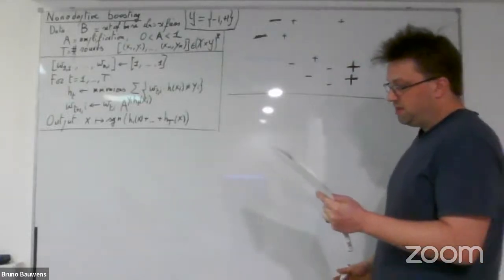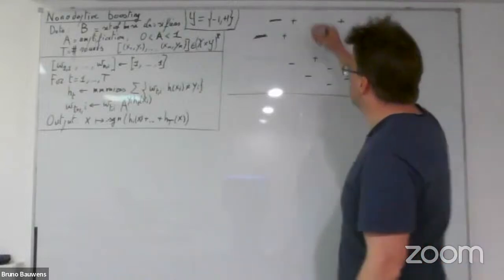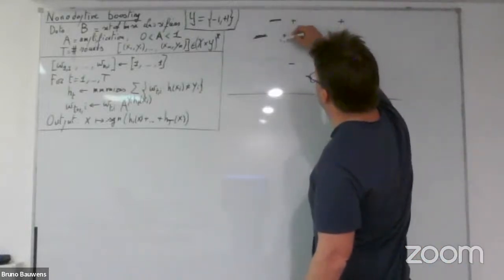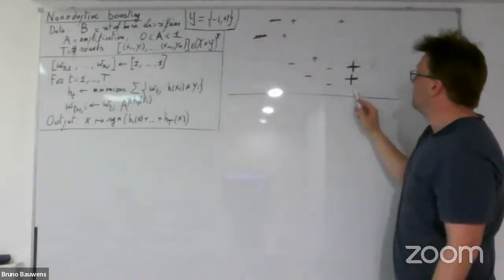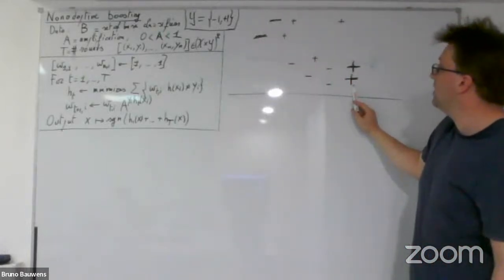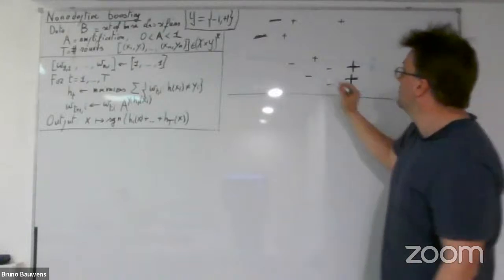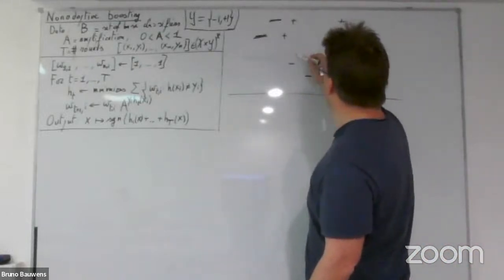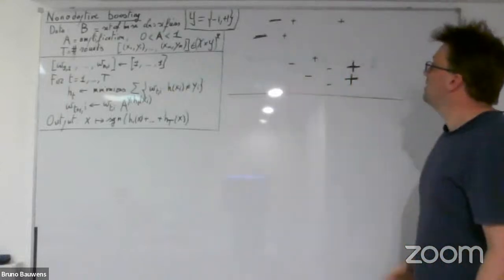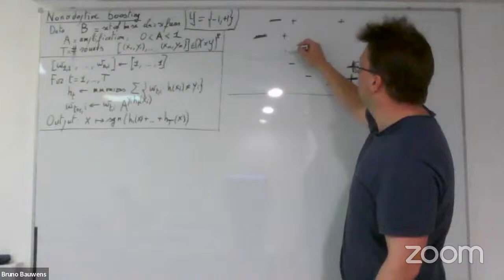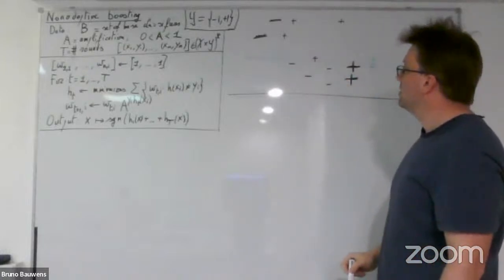Now the classifier might be something like this. This classifier has all the points with large weight correct, so here we have minus, here we have pluses. I think it's the best one with this classification.